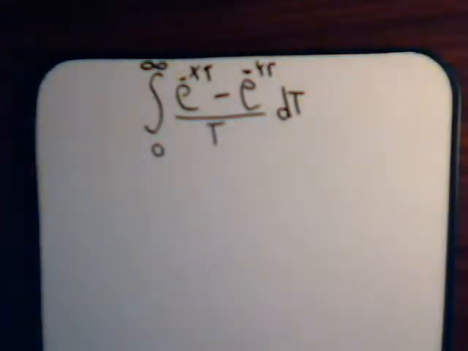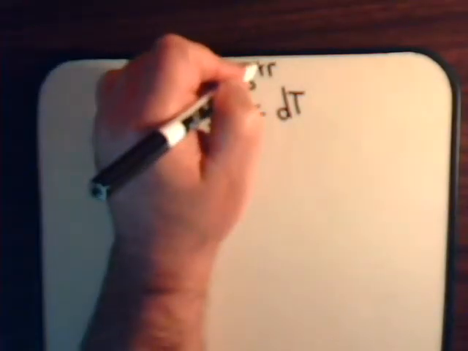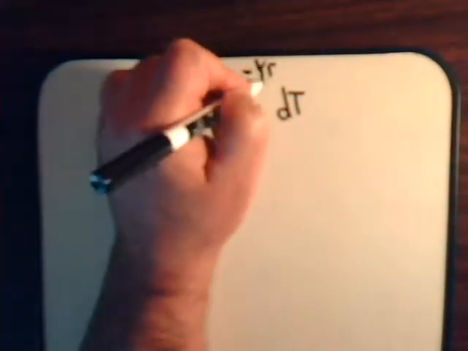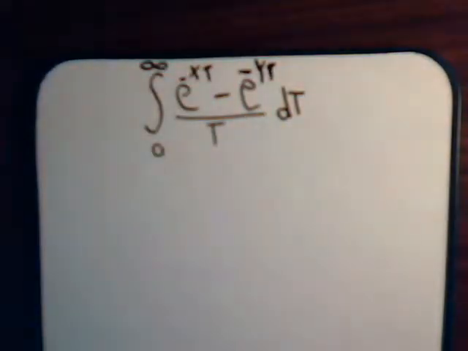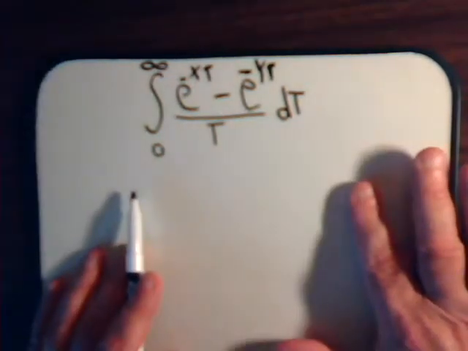So we have e to the minus xt, then minus e to the minus yt, divided by t. So we can split this into 2 different integrals if we want.